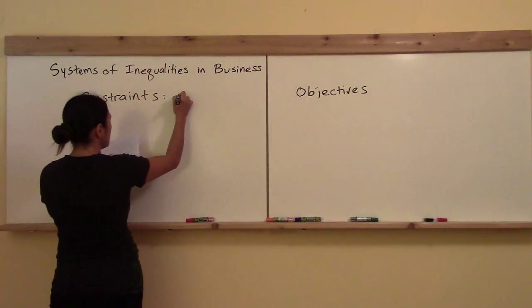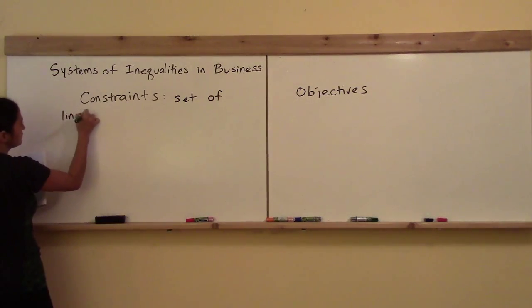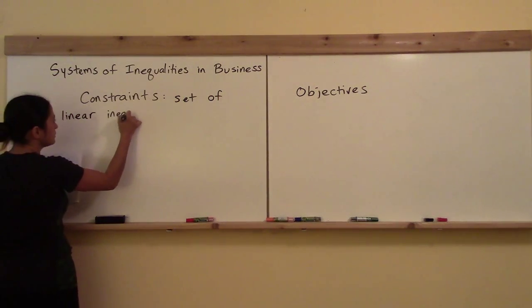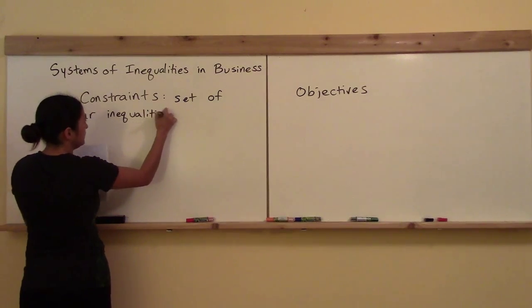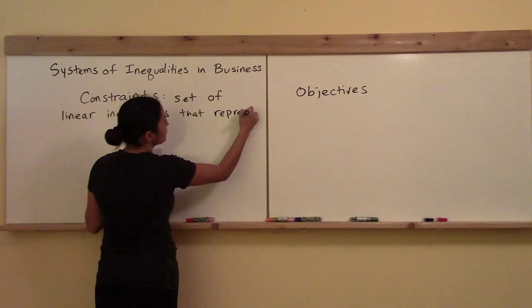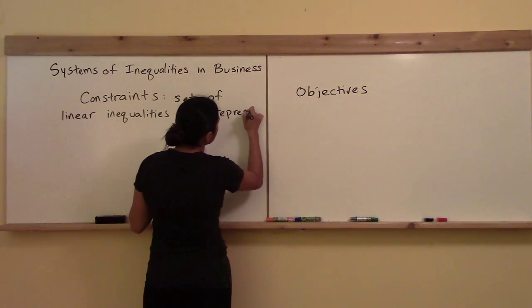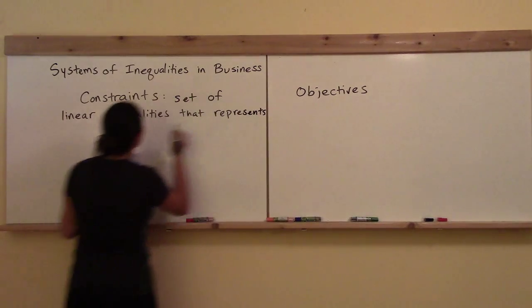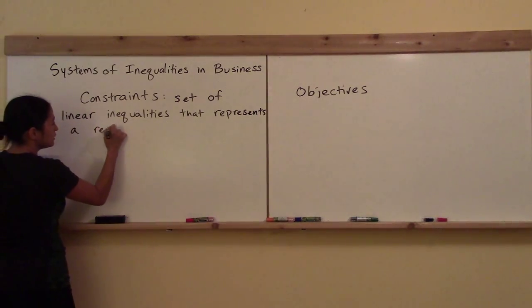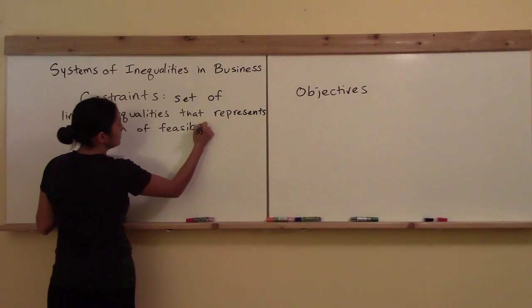Okay, so the constraints is a set of linear, for you guys, linear inequalities. And what it does is it represents a region of feasibility.